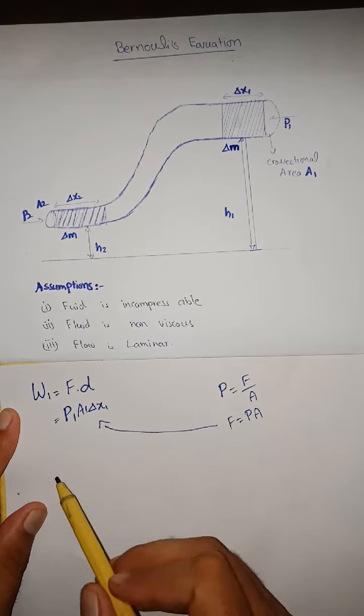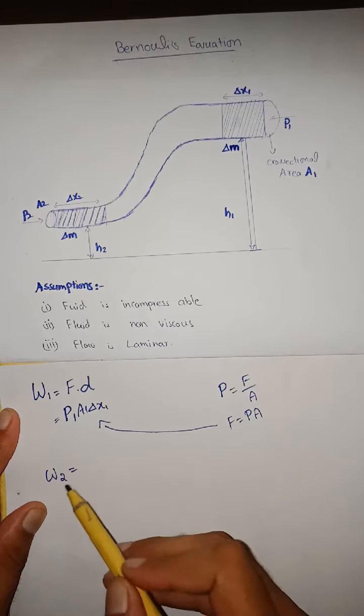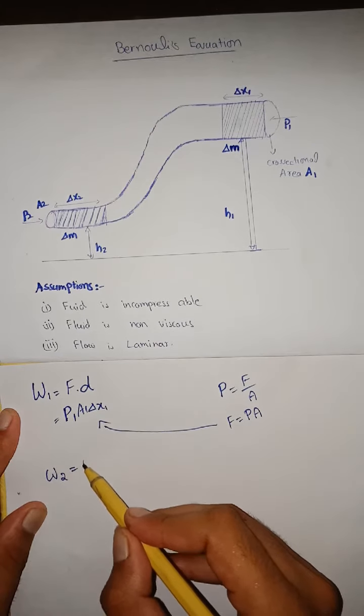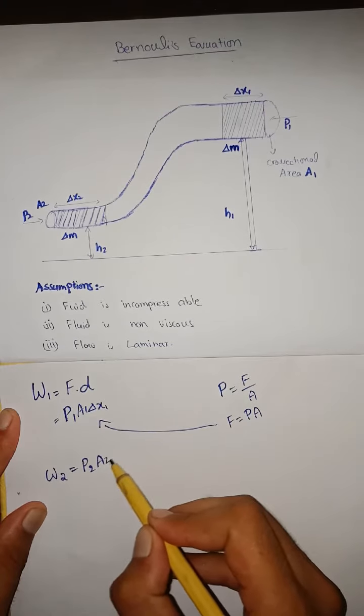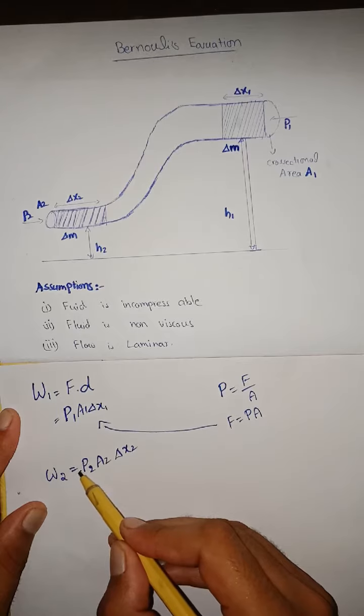Similarly for the lower end, the work done W2 is equal to P2 A2 delta x2, but here we introduce the minus sign.